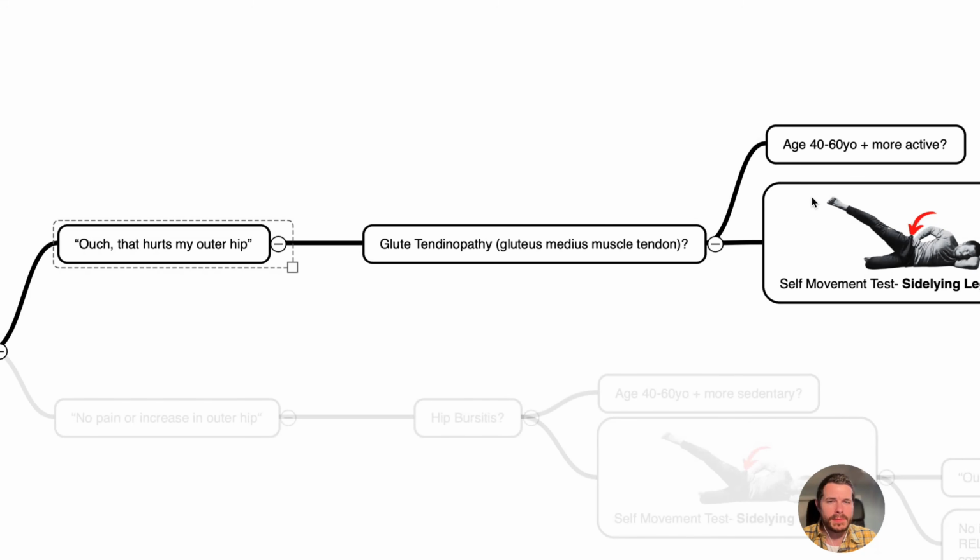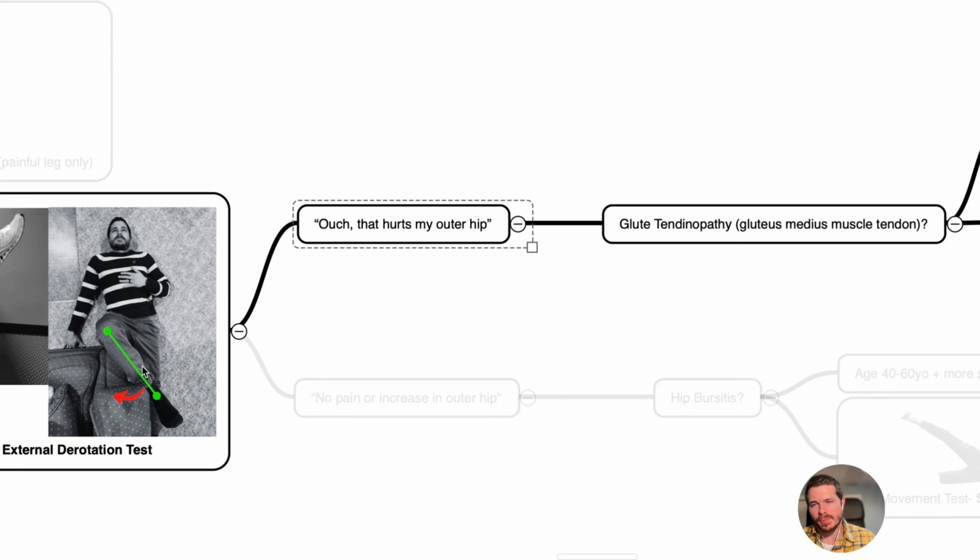Now, real quick before I move forward, the reason that this test being painful increases the probability that it's a glute tendon problem causing your outer hip pain is because a bursa cannot contract. Bursa doesn't have the ability to contract. A muscle ends in a tendon, and when that muscle contracts, it generates force and translates force to a bone through the tendon to produce movement.